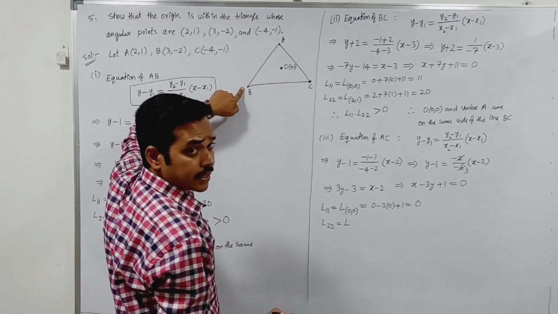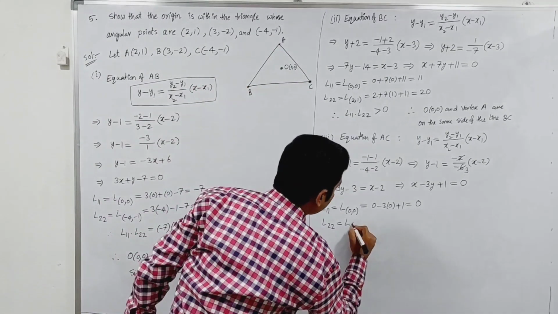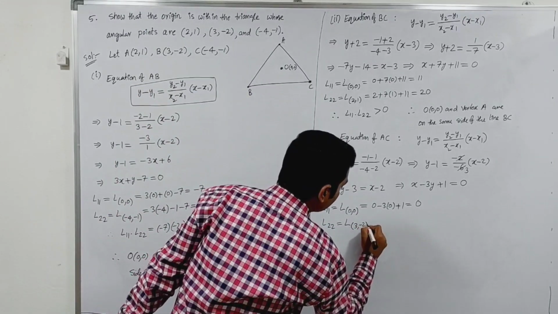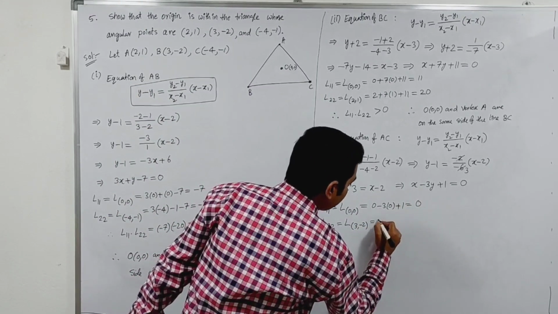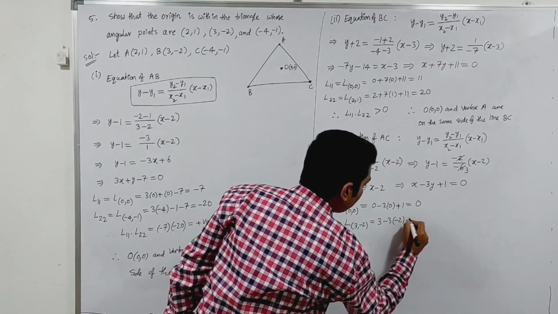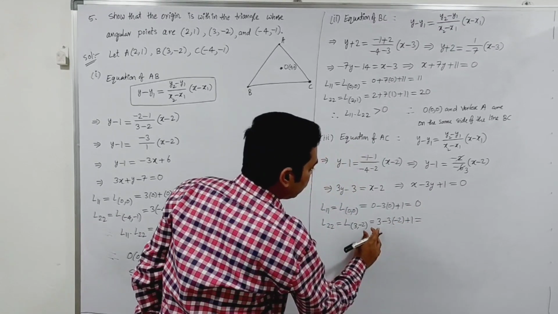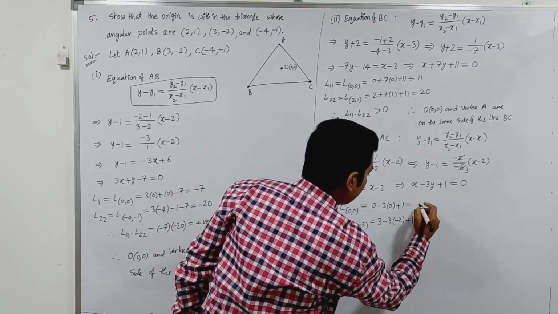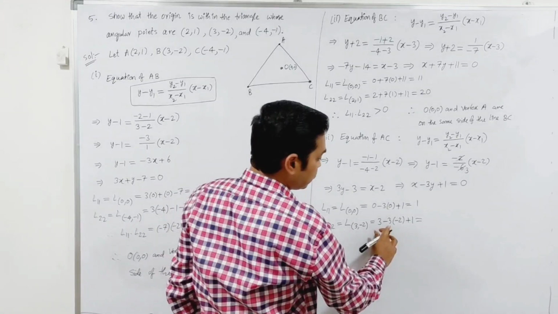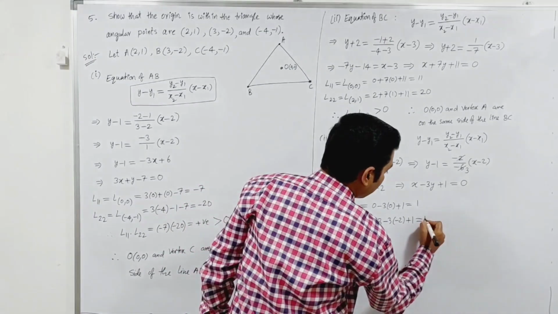B coordinates are (3, minus 2). So in the place of x put 3, minus 3 into minus 2 plus 1. Sorry, here 3 plus 6, 9 plus 1, that is 10.